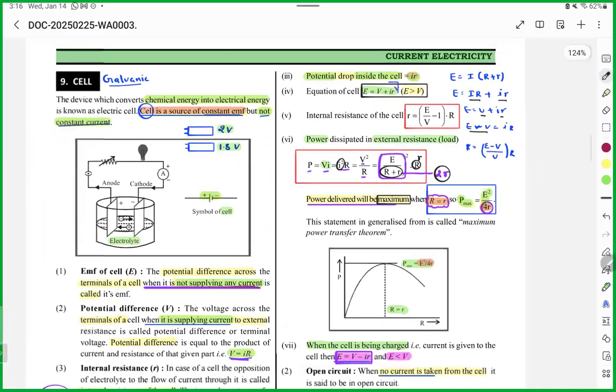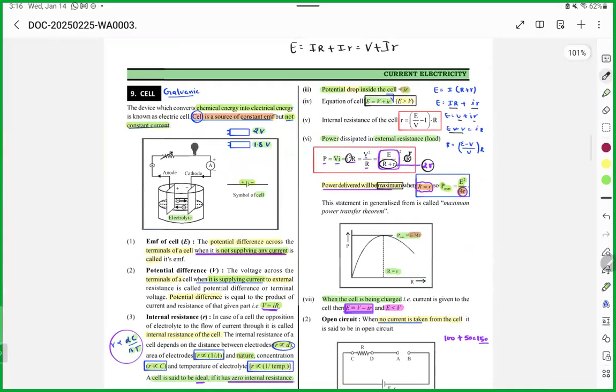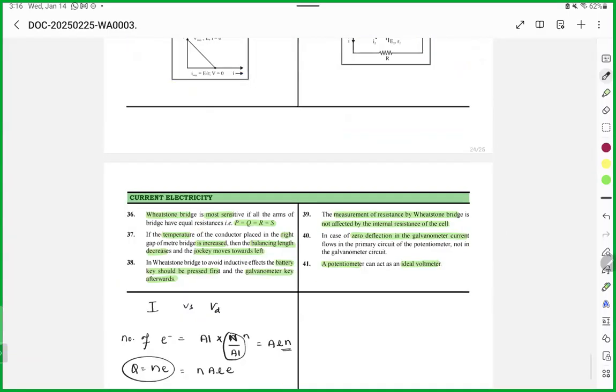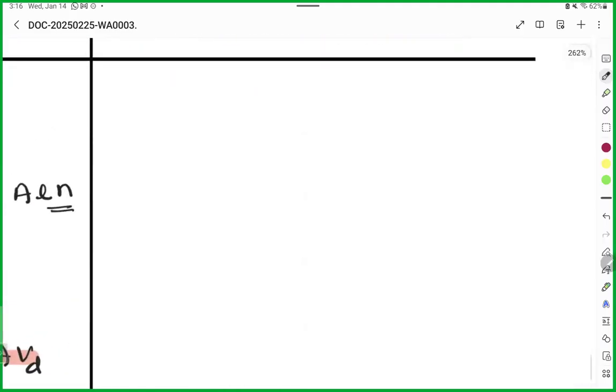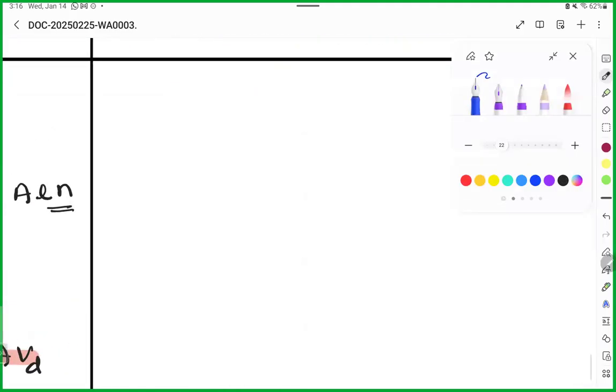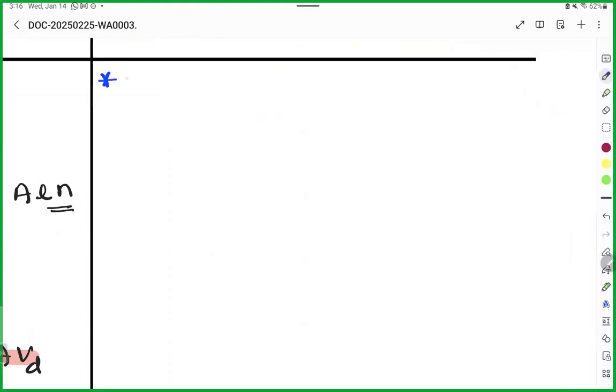So this was your closed circuit. If you had doubt, let me explain you. In case of closed circuit, you need to understand you have your cell. This cell is supplying some current, and current will pass through first to this resistor.